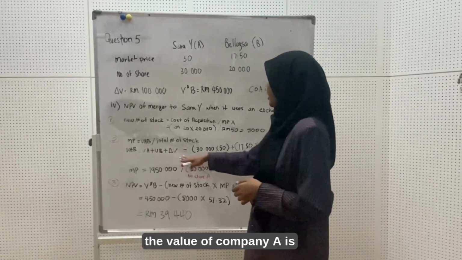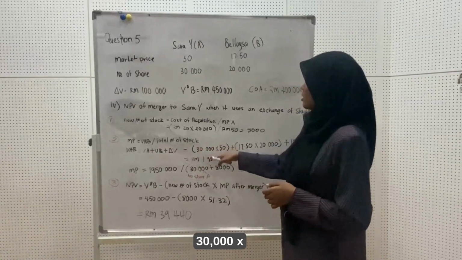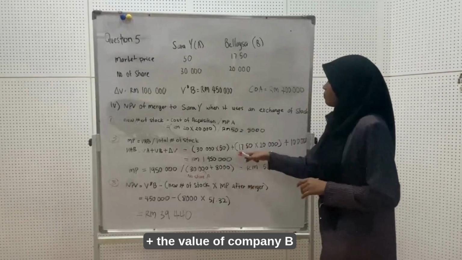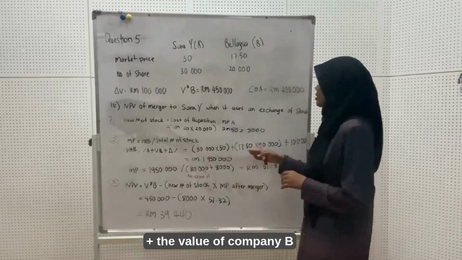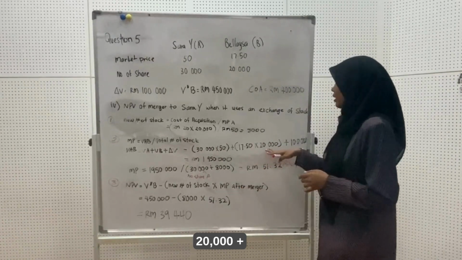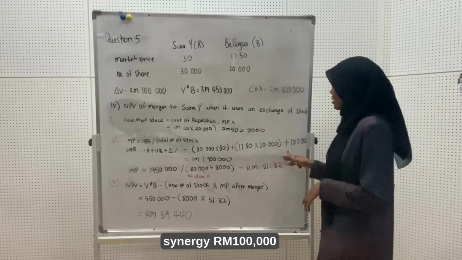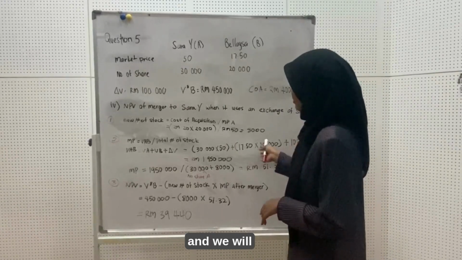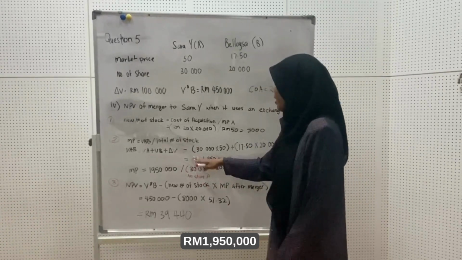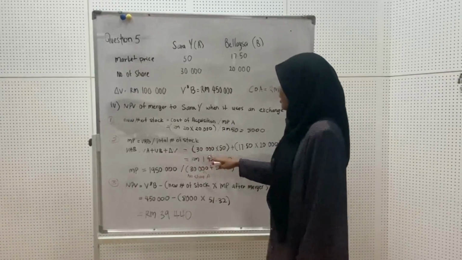So the value of company A is 30,000 times 50 plus the value of company B, 70.5 times 20,000, plus the synergy, that is 100,000, and we will get the total VAB, that is RM1,950,000.